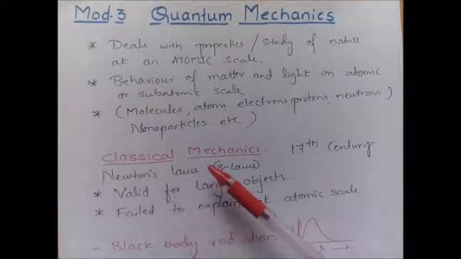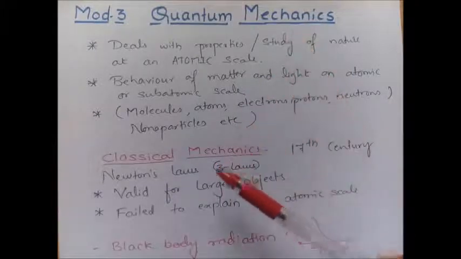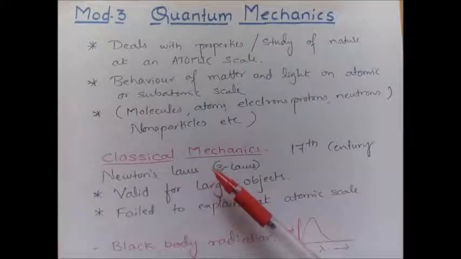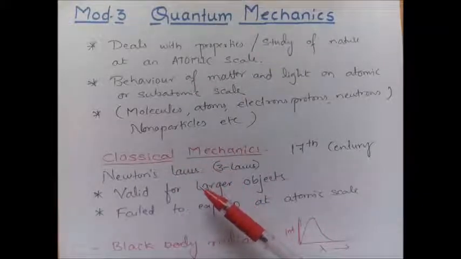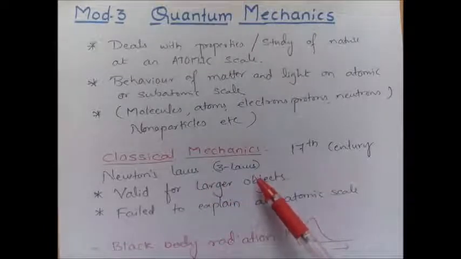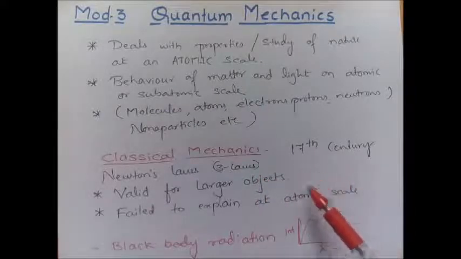We also have the classical mechanics topic. Before quantum mechanics, we had classical mechanics, and we still have it. This mechanics is called Newtonian mechanics or classical mechanics. It works on Newton's three laws, which Newton found in the 17th century.